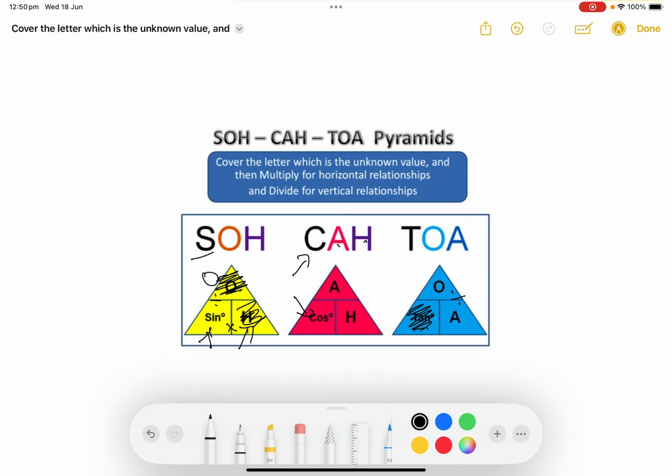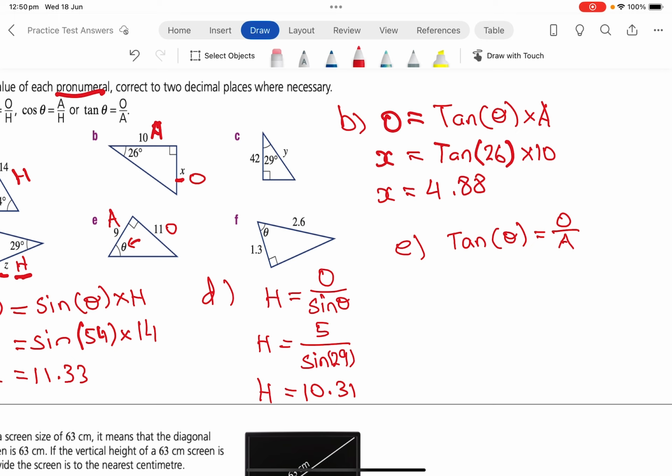So we're going to end up with tan of theta equals opposite over adjacent. Making my substitutions, opposite side was 11, adjacent side was 9. Obviously we're not trying to find tan of theta, we're trying to find theta. So I need to move this tan across to the other side, and to do that, we do the opposite of tan. Remember, opposite of times is divide.